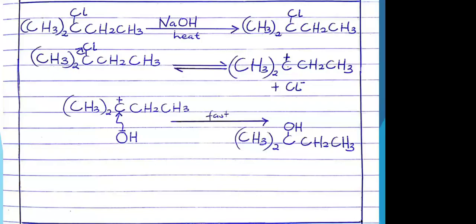Okay, let's continue and finish and wind up. So I said it is a substitution. This hydroxyl group from sodium hydroxide will attack the carbocation that we have formed, and where there was a chloride, a hydroxyl group is substituted, and then we form a tertiary alcohol from a tertiary alkyl halide.